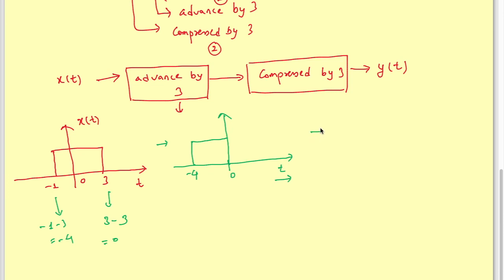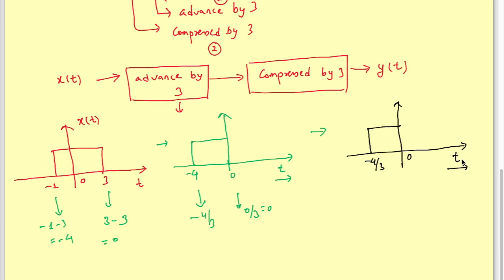So this will become -4 by 3 and this will become 0 by 3 equal to 0. So it will look something like this. This is my y of t equal to x of 3t plus 3.